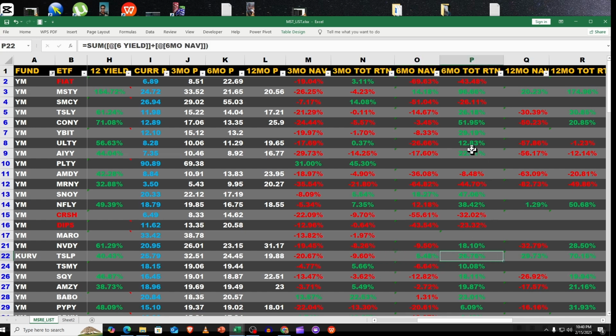So those are close enough that I'd still argue in that one, YieldMax is coming back. It's probably the spreads, it's some of the things they're doing differently. What's the 12 month return? Well, the 12 month return is 30%, and they lost 30 on the NAV, so they're yielding over 60%, right, in order to still have a positive gain.